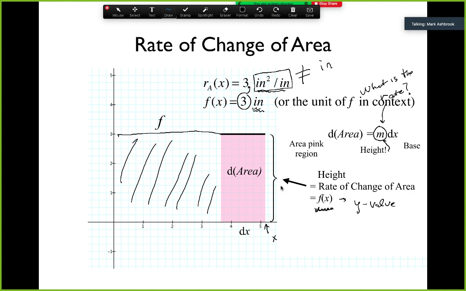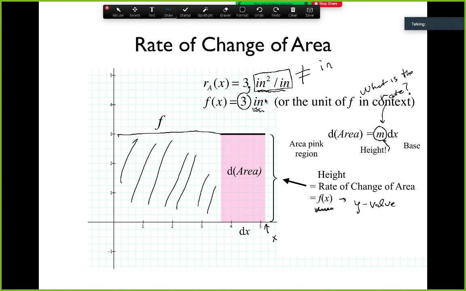And then what is the height? The height right there is f of x. It's the value of the function. So we use the value of the function to be our rate of change, because the value of the function is the height, and the height we found out is the rate of change. It's m. All right, I was looking at them independent of the rectangle, so that's where I got messed up.